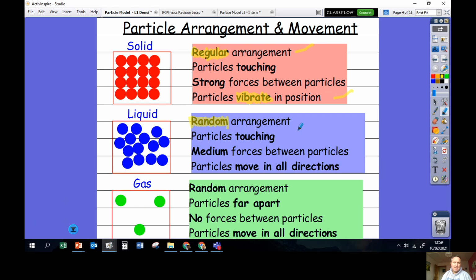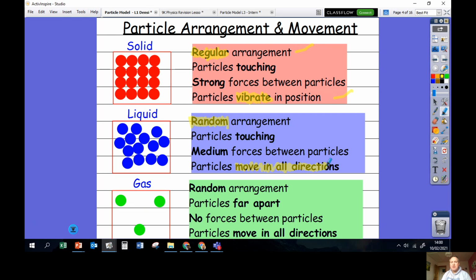The particles are touching, and the forces between the particles are medium strength. Although it holds the particles touching each other, the particles can move around and slide past each other. A bit like a jar of Maltesers, where the Maltesers can roll past each other, but they're still touching. In a liquid, the particles are moving all the time in all directions.